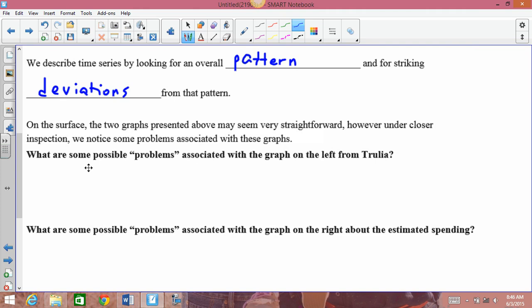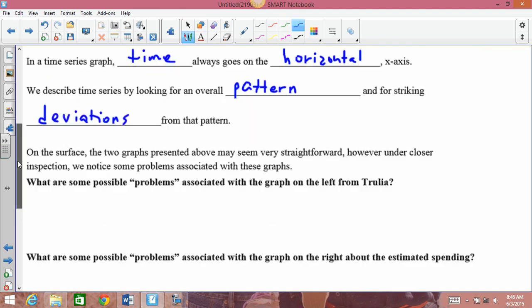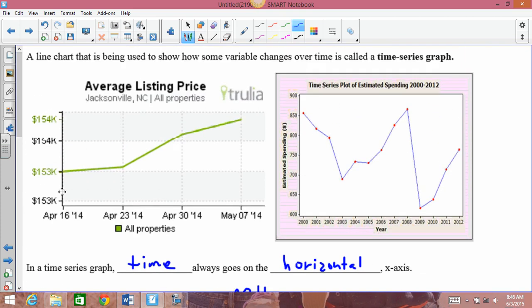So for the graph on the left, I'm hoping that you're picking up the fact that the scale of this y-axis definitely doesn't need to be so repetitive. I don't need 153,000 and then another 153,000. Likewise for the 154,000. Essentially, by being repetitive like that, they're trying to show you that home prices are going up, making it look like this has got a huge spike here, so we better get in on this while the getting's good.